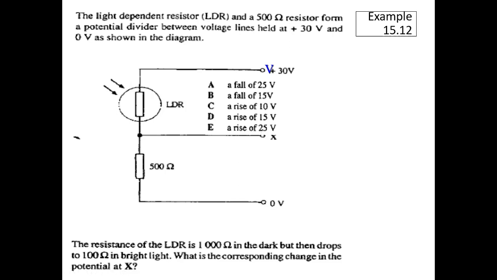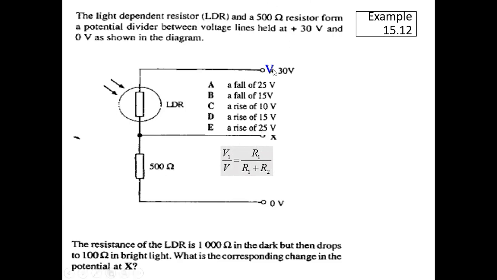So calculate your potential difference across the 500 ohm when it is dark. Then when it is light. Like I said, I know the formula, but I don't know which one to sub inside.